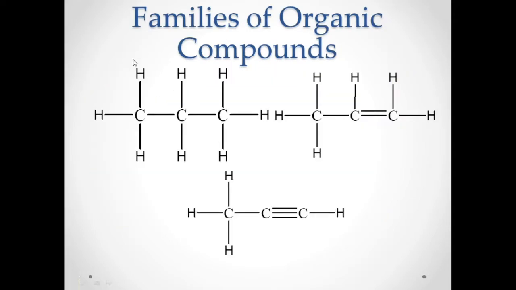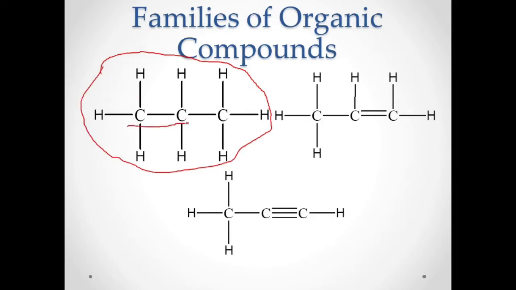So these are examples of organic compounds that belong to the aliphatic hydrocarbons, which are alkanes, alkenes, and alkynes. The first compound is an alkane. Why? Because it only contains carbon to carbon single bonds.